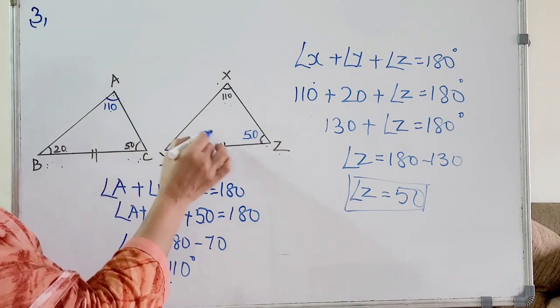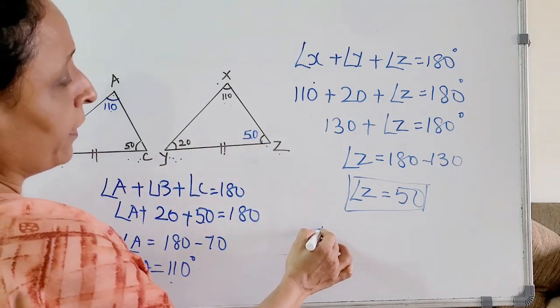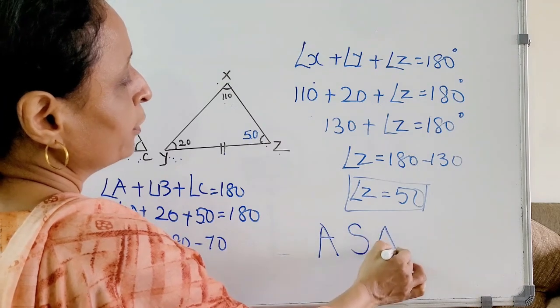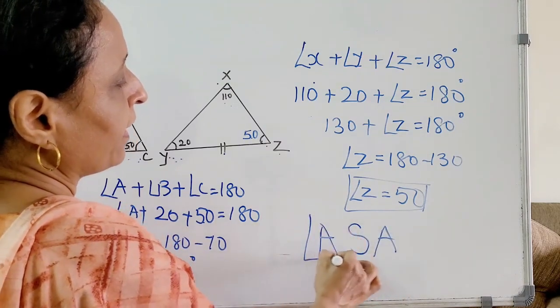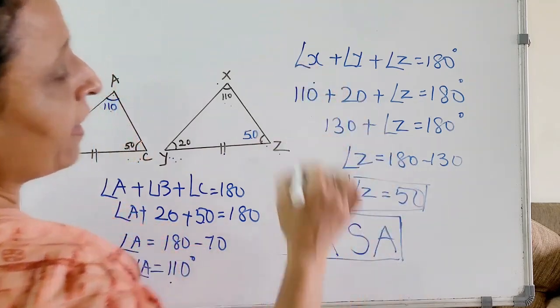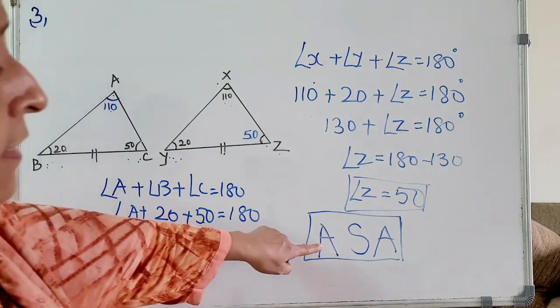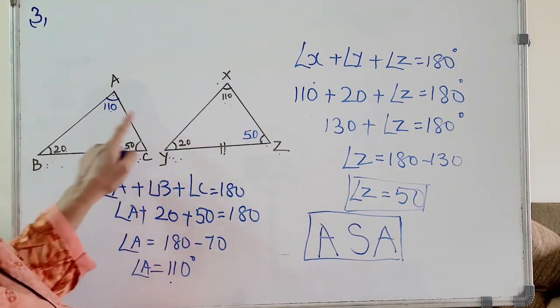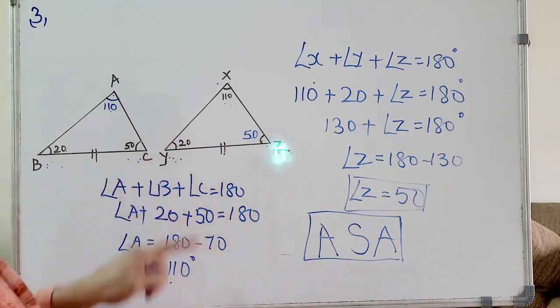So these two triangles are congruent by angle, side, angle. So the test is ASA test. By this ASA test, these two triangles are congruent.